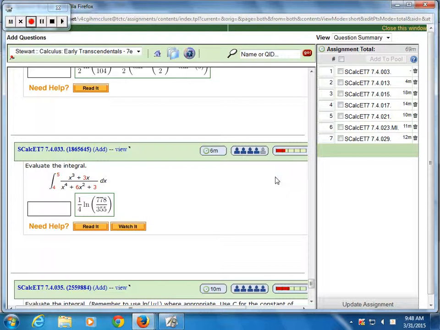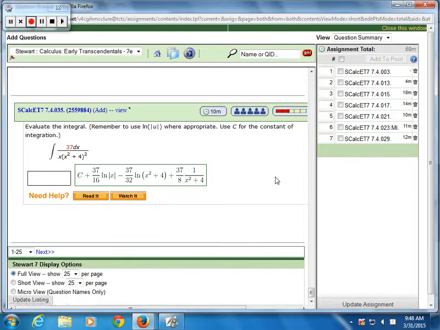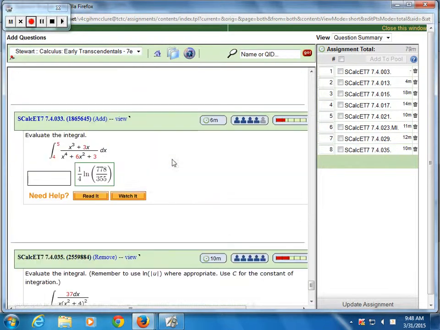Let me do that one. That one right there is gonna take more than 6 minutes, because you've got to factor this. Well, you can do it by u substitution, x squared, yeah. I didn't see that.